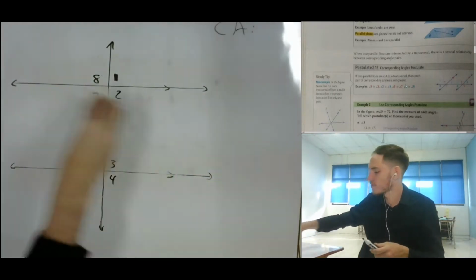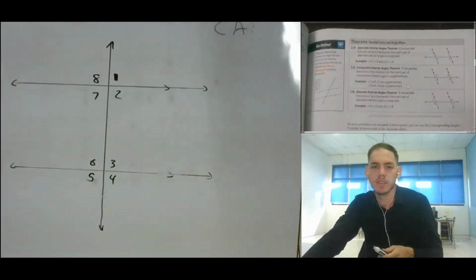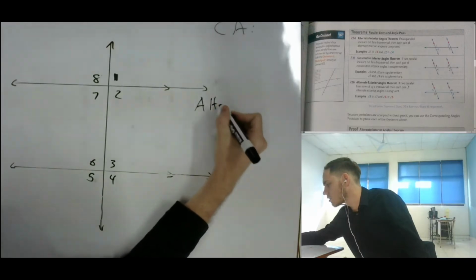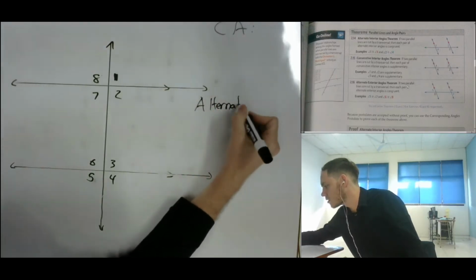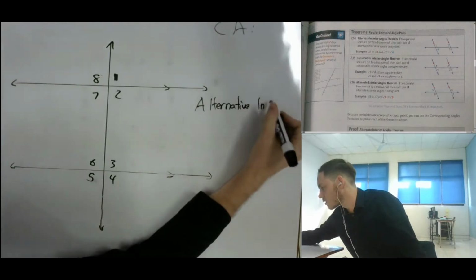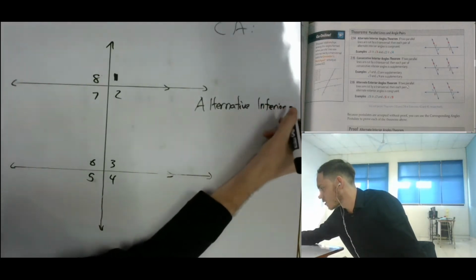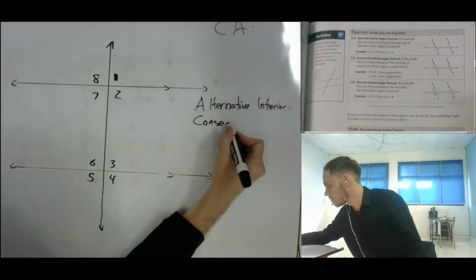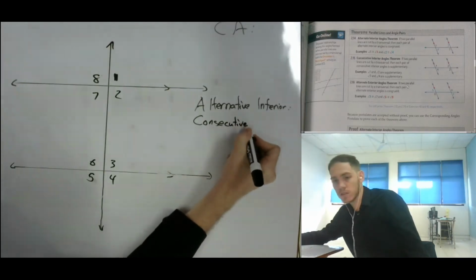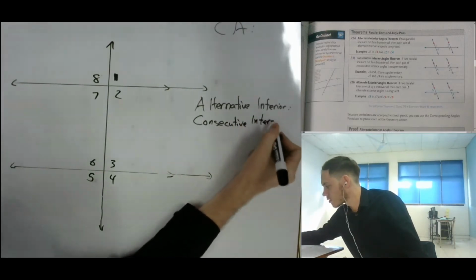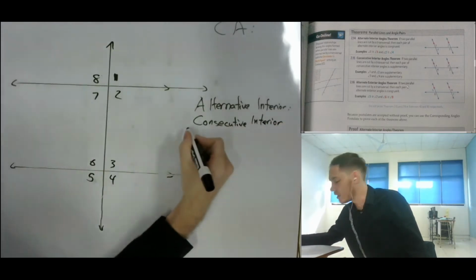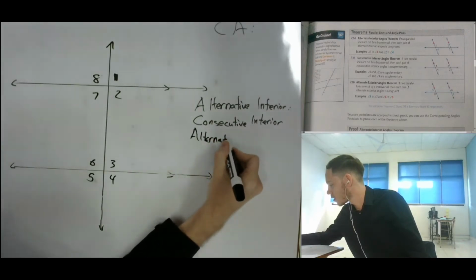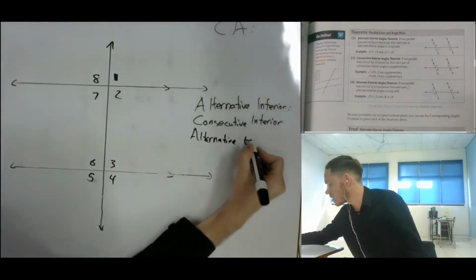Now we're going to learn theorems. There's 3 theorems. There's alternative interior, there's consecutive interior, and then there's alternative exterior.